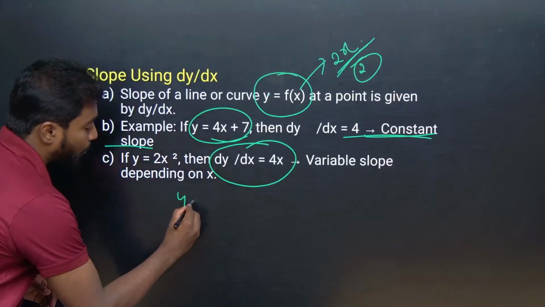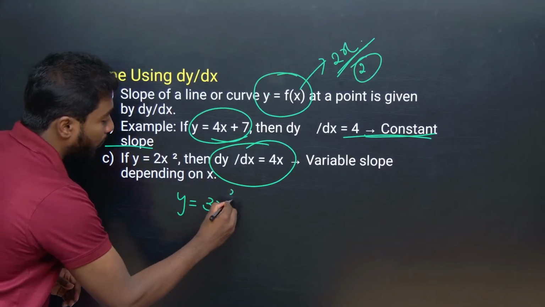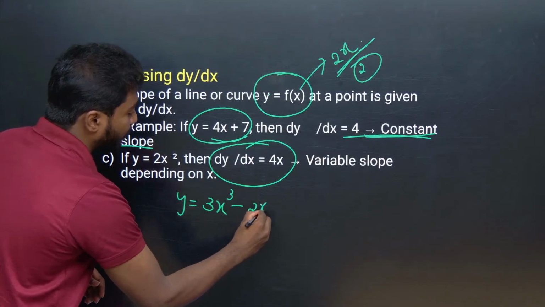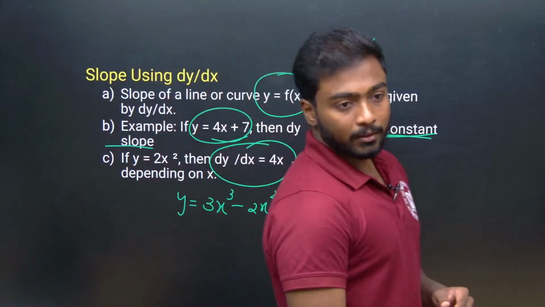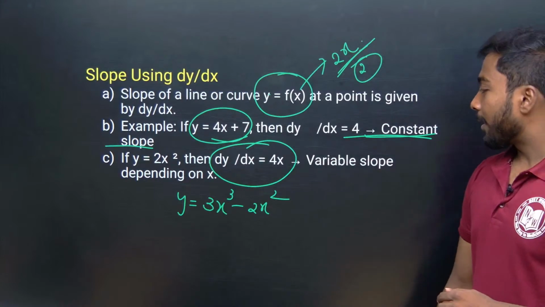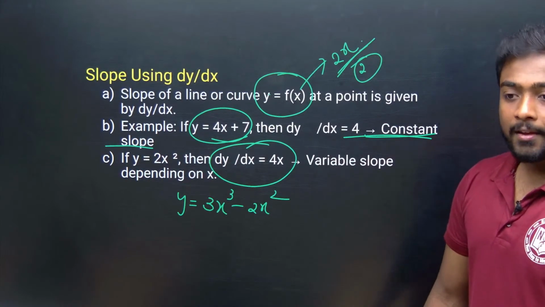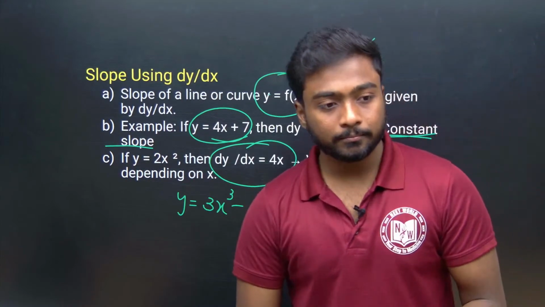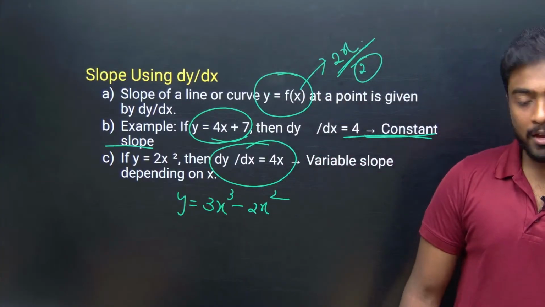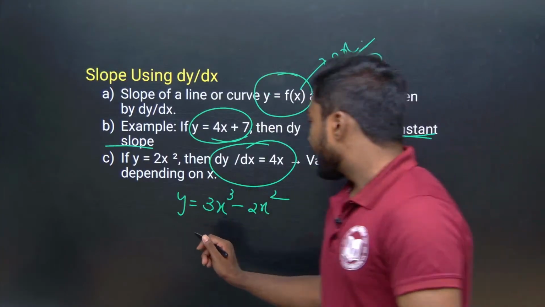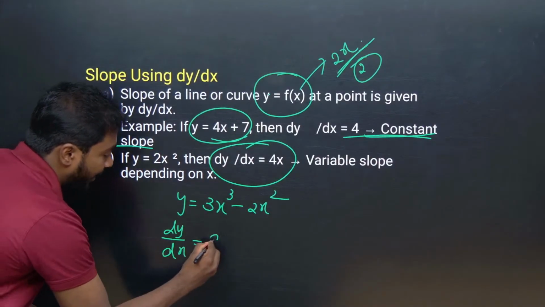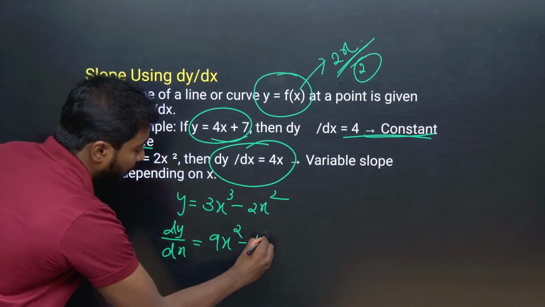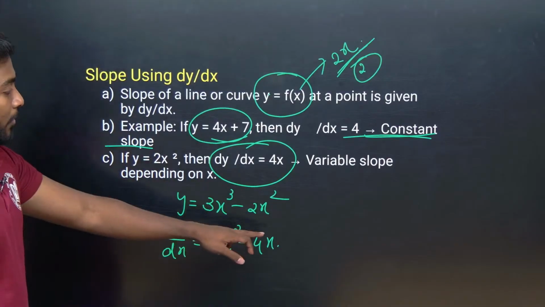Now y equals 3x cube minus 2x square. What is the slope for this one? 9x square minus 4x. Is this variable or constant? Variable. So it is a variable slope.